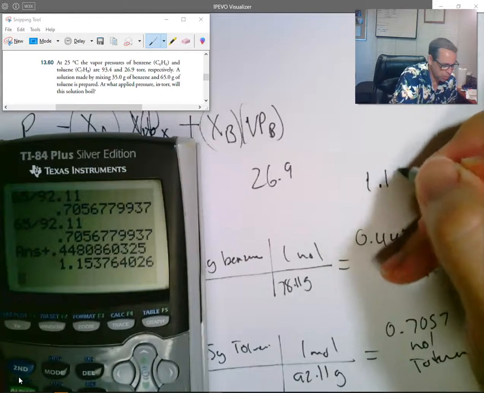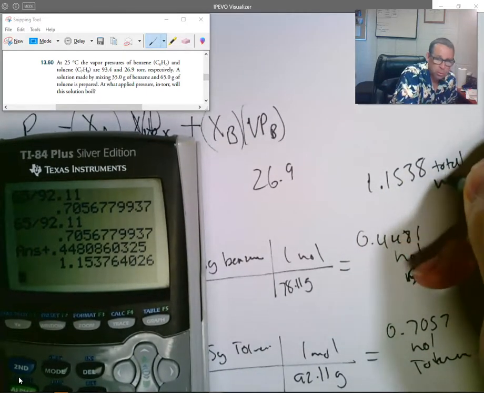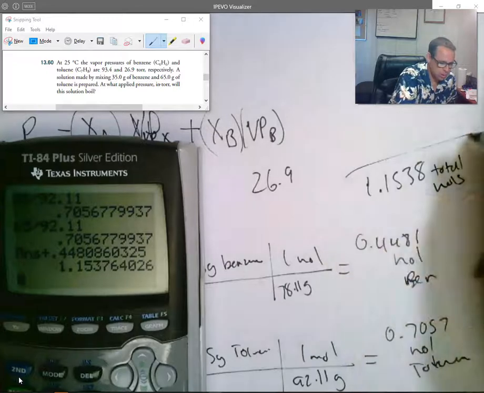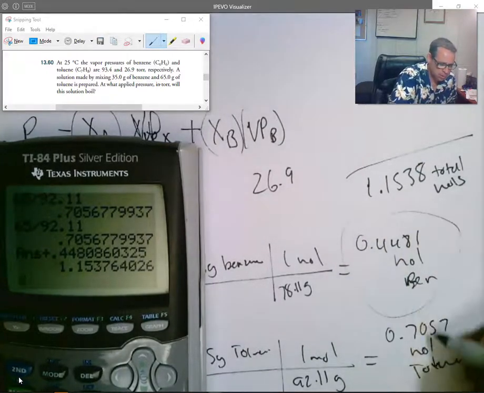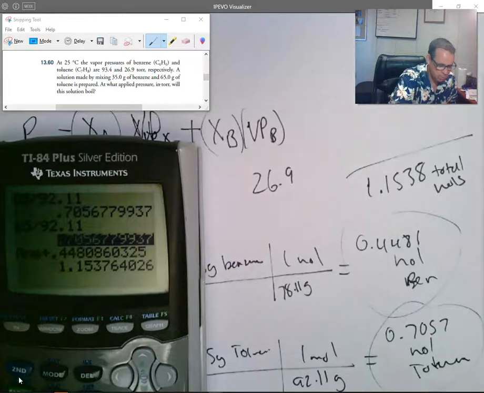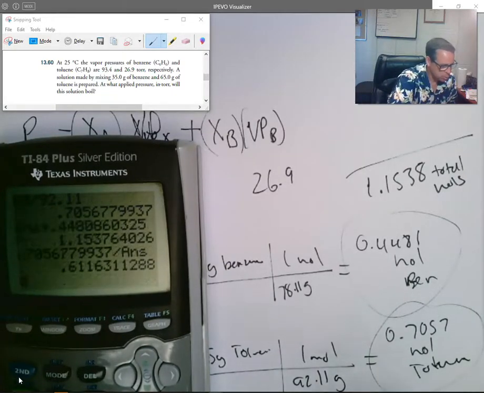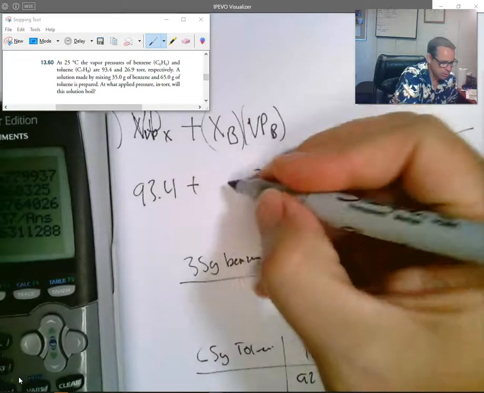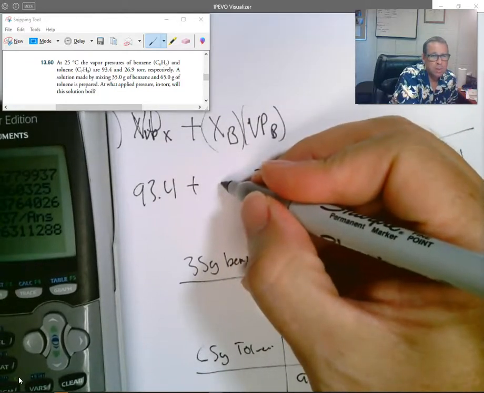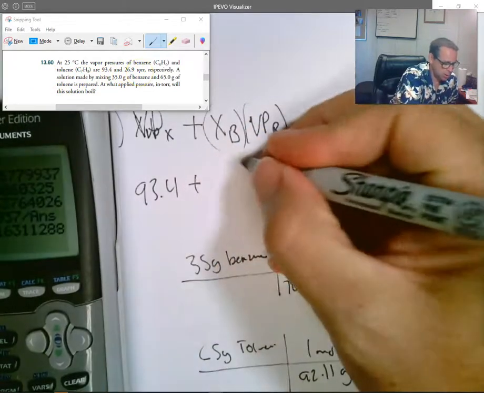So 1.1538 is the total moles, and then I can just take moles of benzene and moles of toluene over the total moles. I'll start off with the moles of toluene over the total moles. So 0.611 is my mole fraction of toluene. Just double checking that toluene is the 26.9, right?